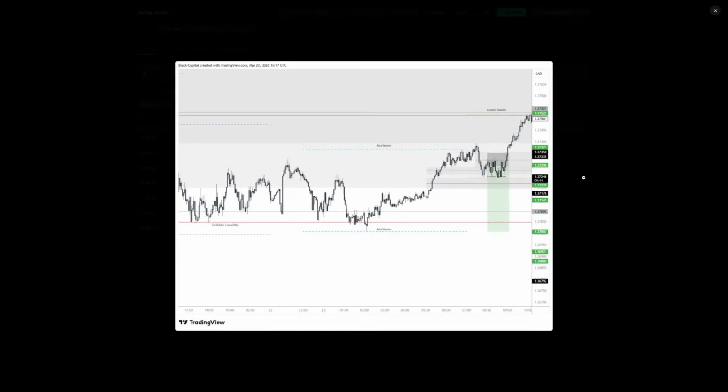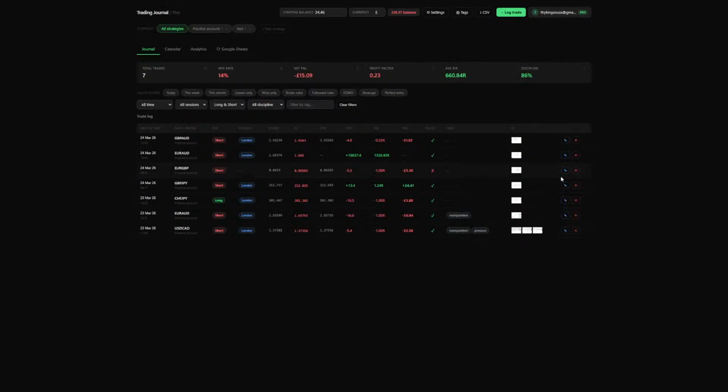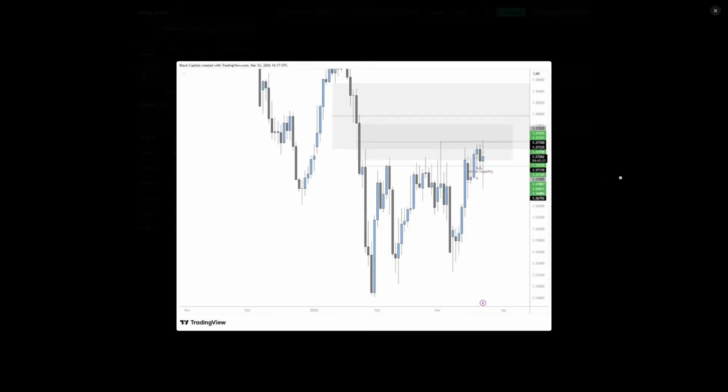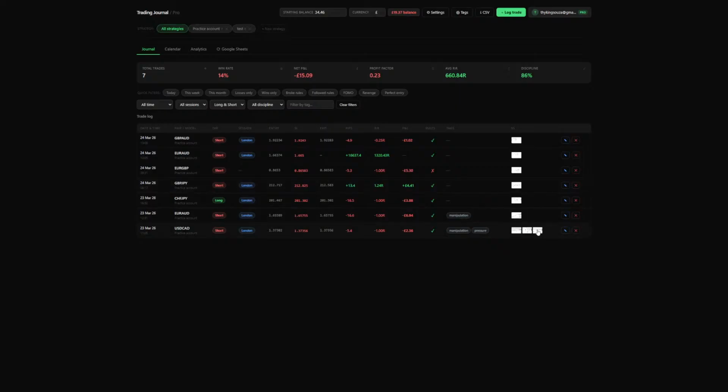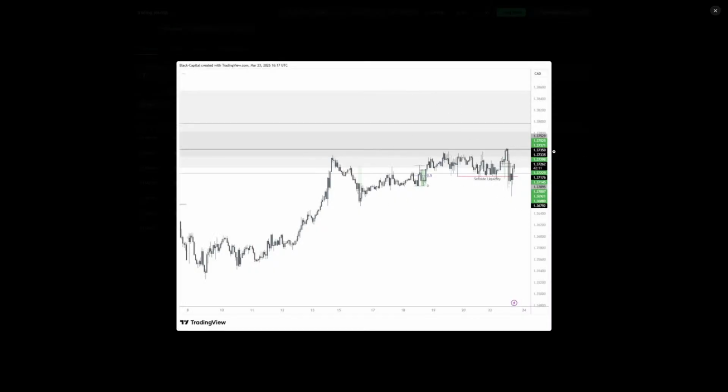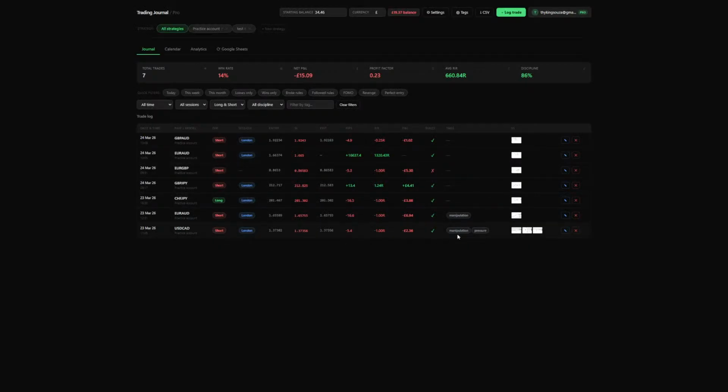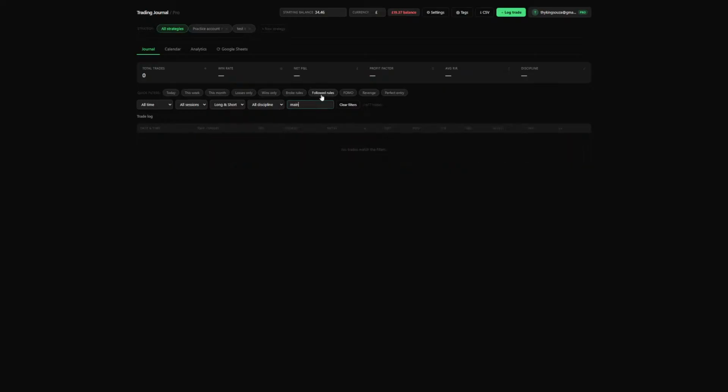For this one, we entered it as a sell. This is the higher time frame outlook, another higher time frame outlook as well. And then because it's a loss, I can see there was manipulation in the market. I felt some pressure on this trade, and I can add tags, and then I can even sort by, okay, what happens when I feel manipulation.